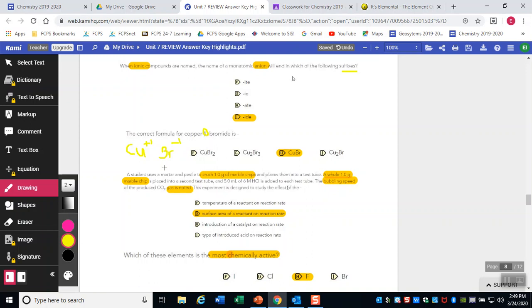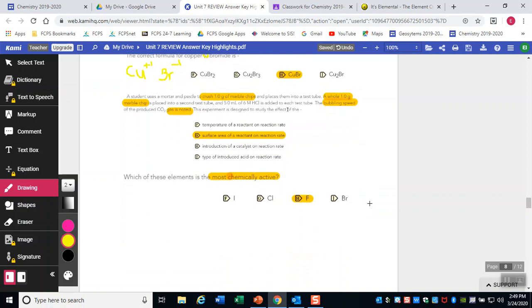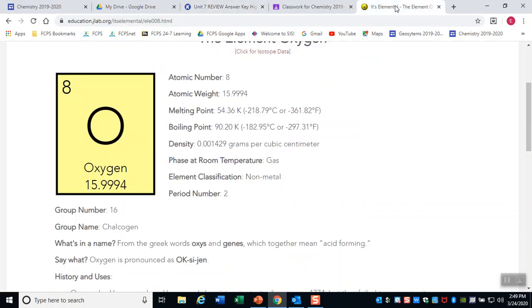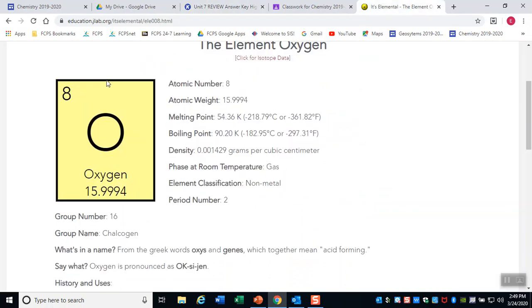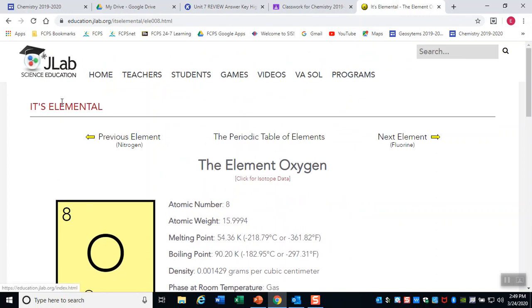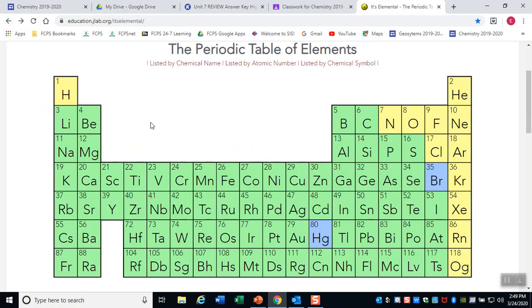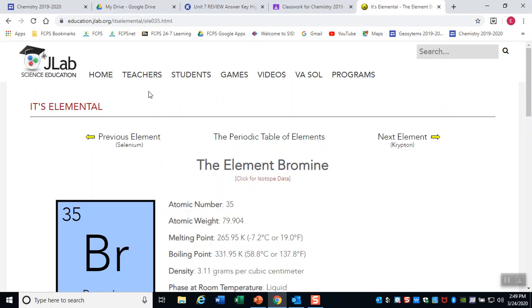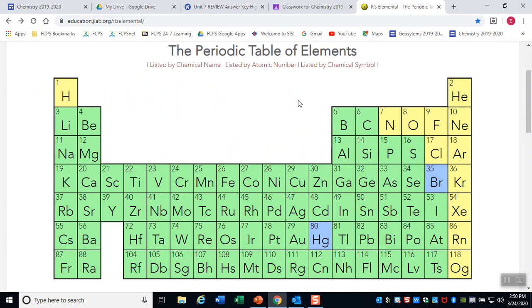So the formula would just be CuBr, right? Because that adds up to 0. To be sure about the bromide, check your periodic table. Oops, I didn't want to do that because I want to know what group it's in. This is in group 17, so it needs 1 more. So that would be a -1. It's going to gain 1 electron. So it's -1.